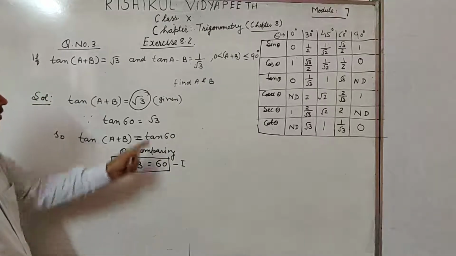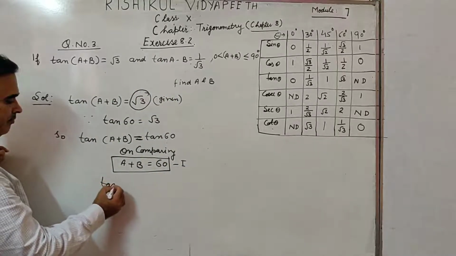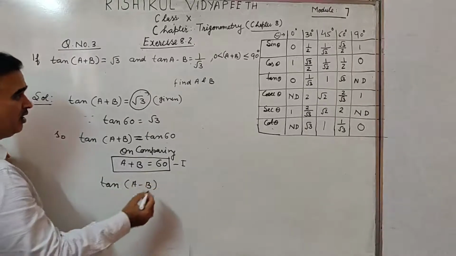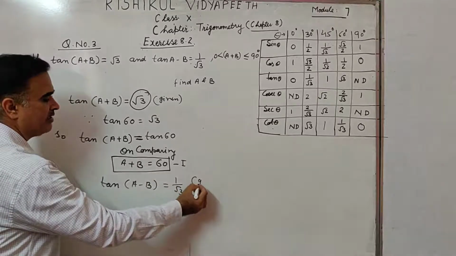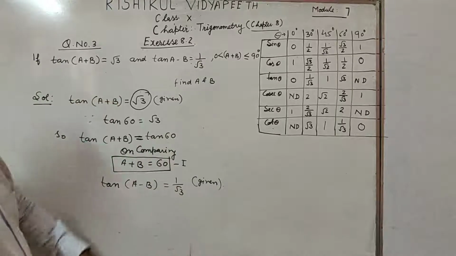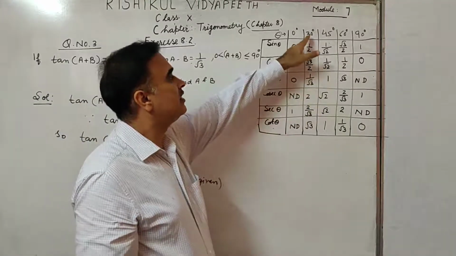In the same way, you will see this also. Tan(a minus b) equal to 1 by root 3. It is given. Again go in tan. In tan, where is 1 by root 3? It is 30 degrees.